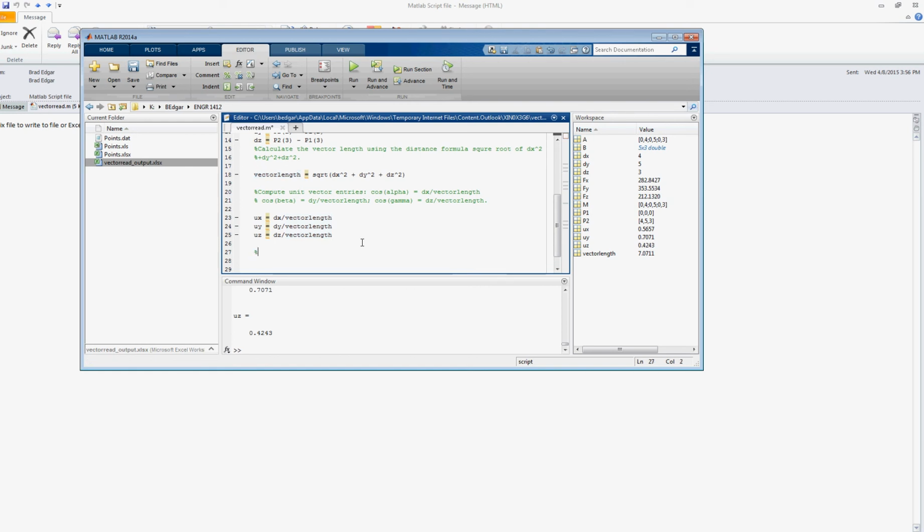So let's finish up by defining the force vector in Cartesian vector coordinates, or Cartesian vector notation.